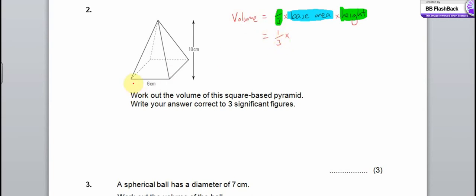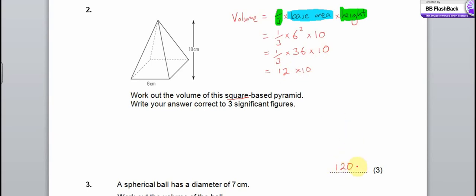Now our base area here is a square, always check. So it's 6 times 6, so it's 6 squared, and the height is 10. So that's 1/3 of 36, because 6 squared is 36, times 10. A third of 36 is 12, and 12 times 10 is 120.